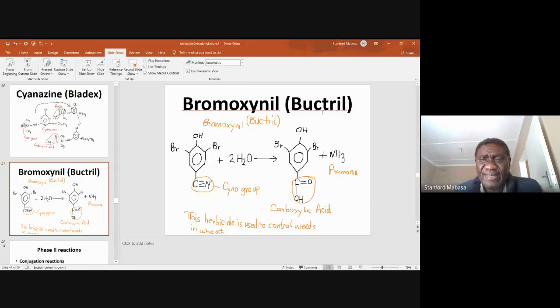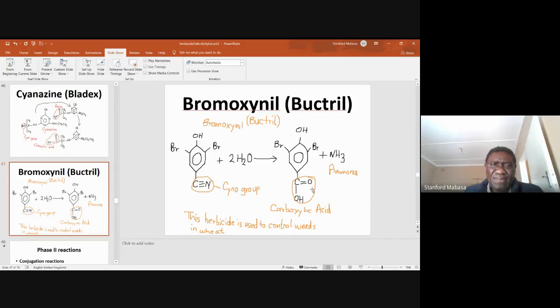Bromoxynil, or Bactrim, is the herbicide which is used to control weeds in wheat. It also has a structure with the cyano group. If you add water, you convert it to carboxylic acid. That's how it can lose its phytotoxicity.